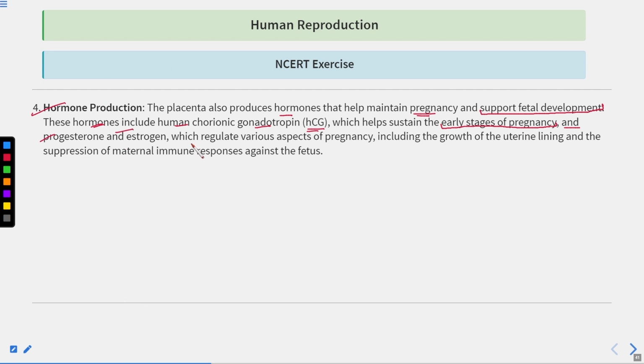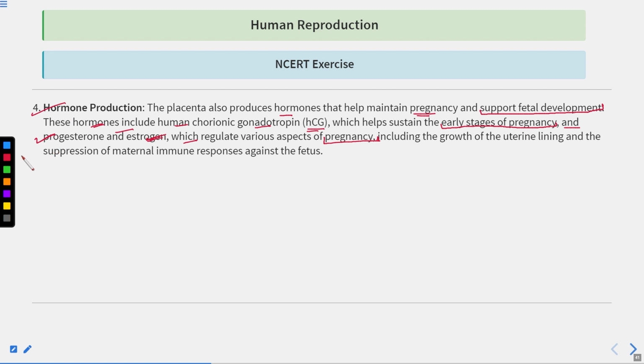Clear? These hormones regulate various aspects of the pregnancy. Progesterone is known as the pregnancy hormone. What are the other functions of estrogen? It helps to maintain bone density and to regulate the menstrual cycle. Progesterone helps to maintain the endometrium.